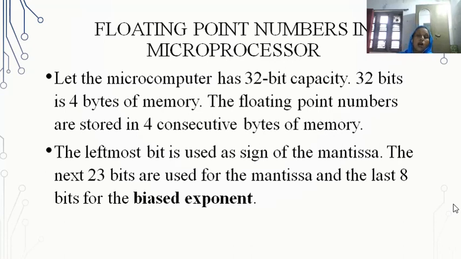Now see how these numbers are represented in a microprocessor or microcomputer. Suppose our microcomputer has 32-bit capacity. In our previous lecture, we learned about its capacity. 32-bit capacity means that simultaneously the processor can process 32 bits of data. 32 bits of data means 4 bytes of memory, because 8 bits are called 1 byte.